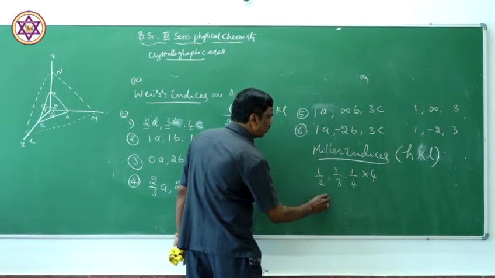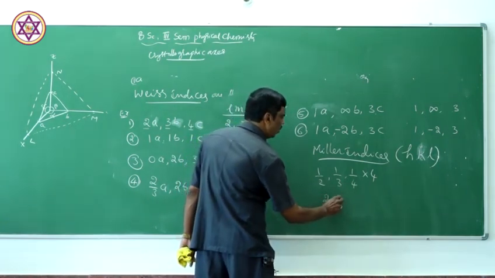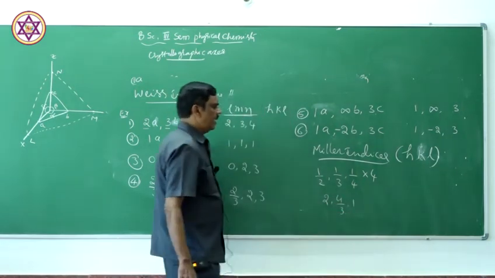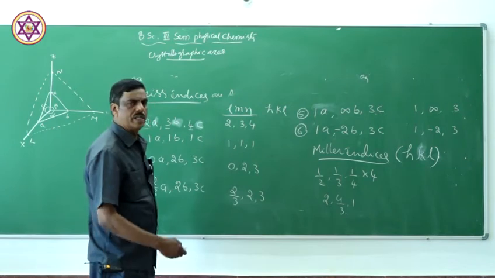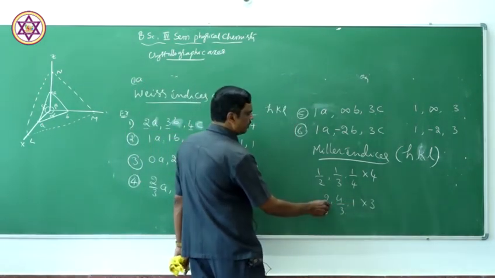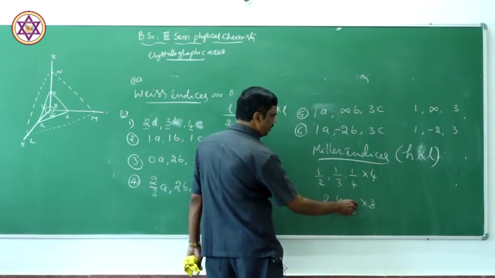This becomes 4 by 2 which is 2, this becomes 4 by 3, this becomes 1. Again, you convert this into a whole number by multiplying by 3. This becomes 6, this becomes 4 and this becomes 3.